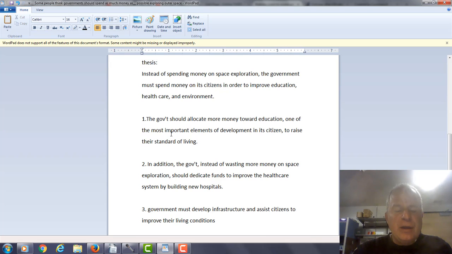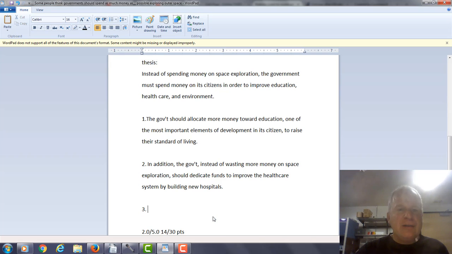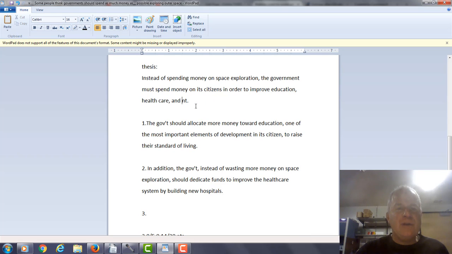It's just too big, it's too broad, there's not much you can do here. And up here you have environment. Here you talk about infrastructure and assist citizens. So it isn't entirely clear how this even connects back to your thesis. So you've got to be more specific, maybe beginning with the thesis.